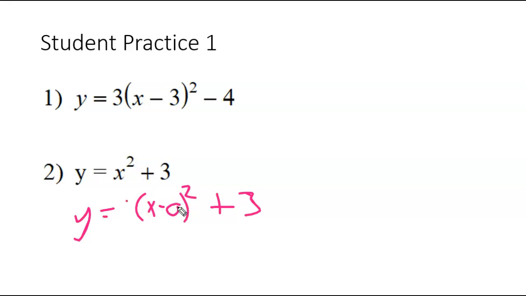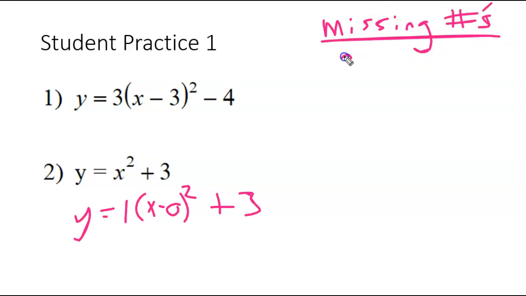And whenever the a is missing, it's 1. So just to remind you guys really quick, if you're ever missing numbers, if it's a, it's 1. If it's h or k missing, then it's 0. All right? So go ahead and pause the video here and give those two a try.